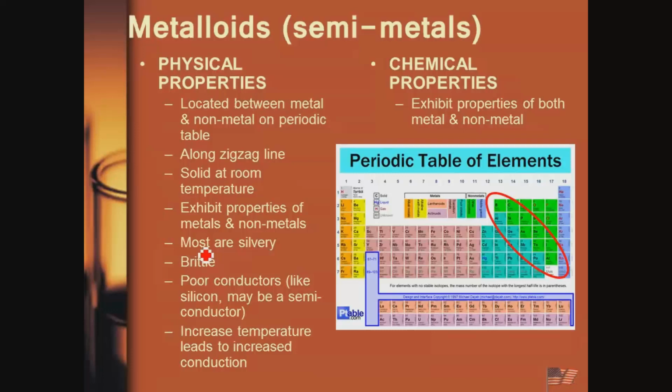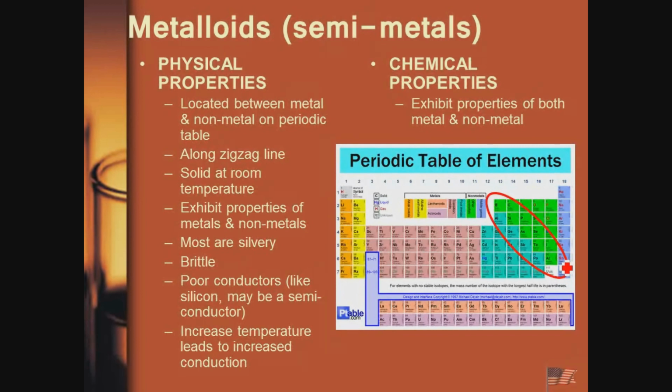And then there's this weird group of folks called the semi-metals, and that's basically those that are on this jig-jag line here. They're poor conductors, and that's why we call them semiconductors, and these are the ones that are often used when low voltage needs to be transmitted in a lot of electrodes, and in a lot of electrical devices.